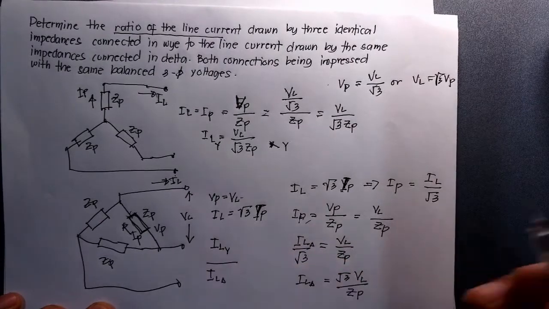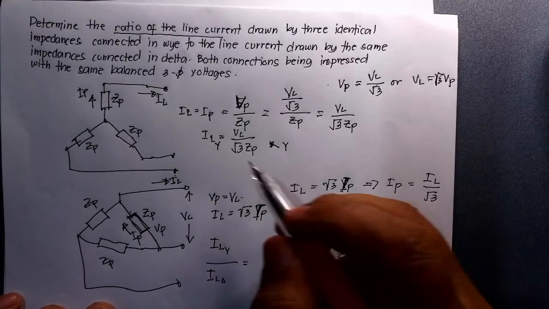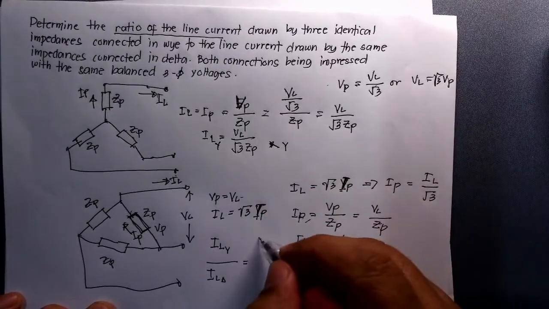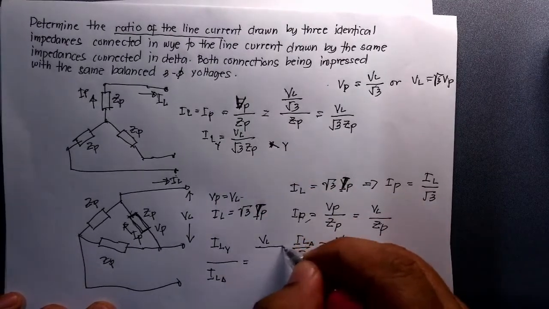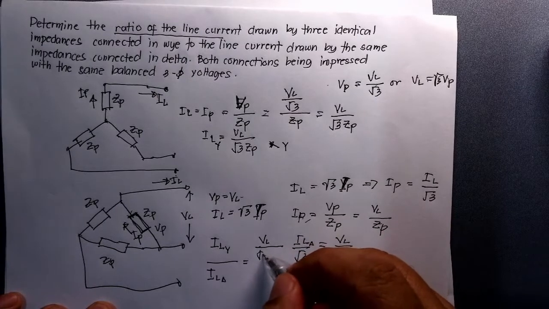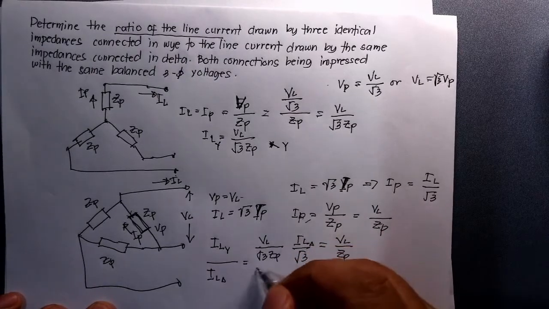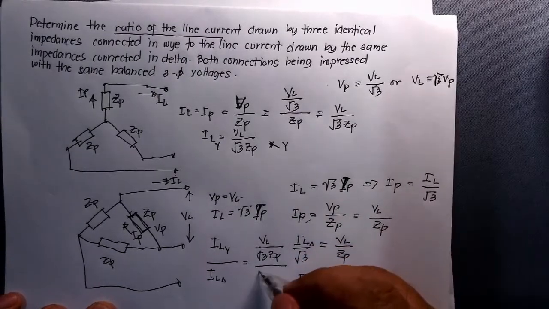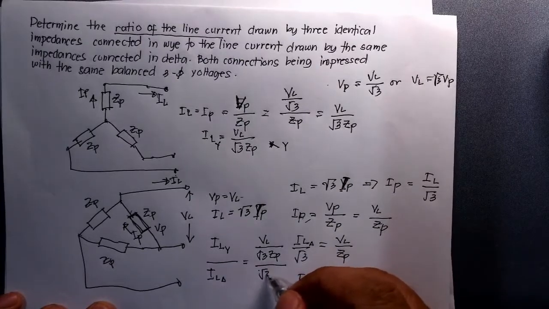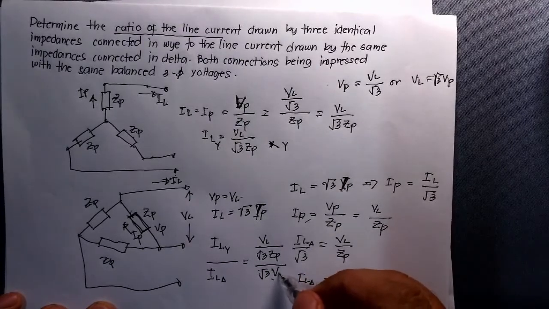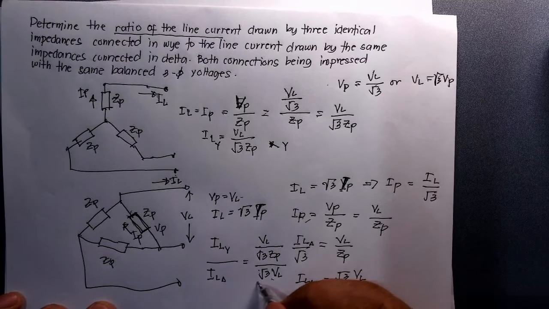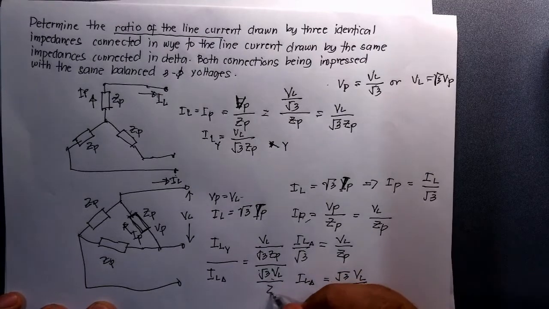And what is that? The line current in Y connection is the line voltage over square root of 3 Z P, over the square root of 3 times the line voltage divided by Z P.